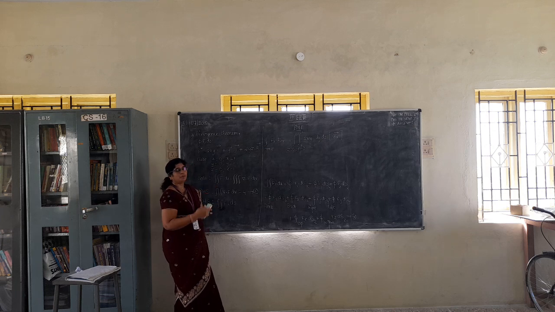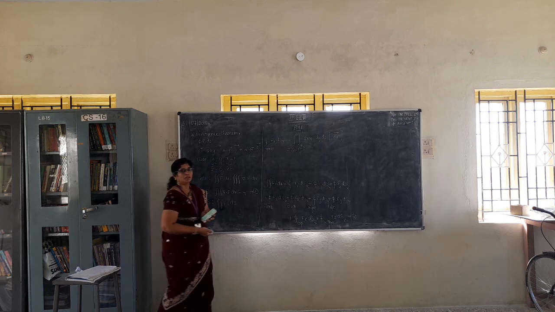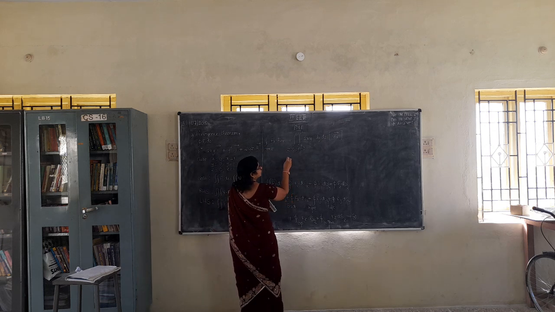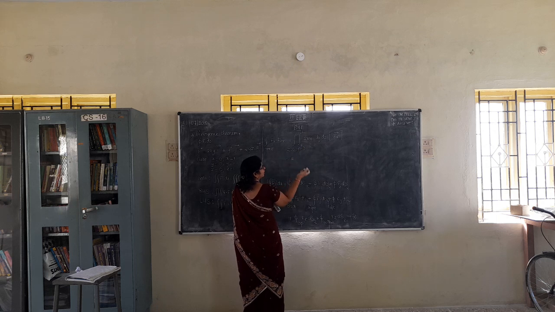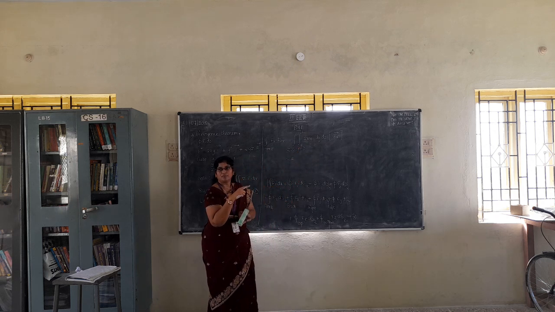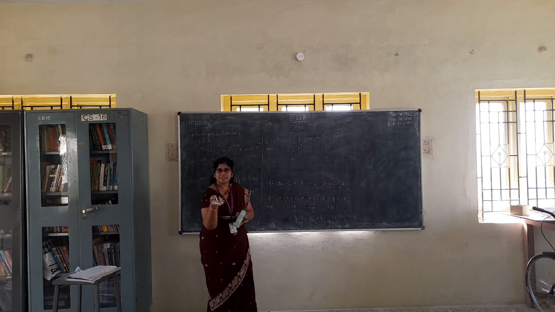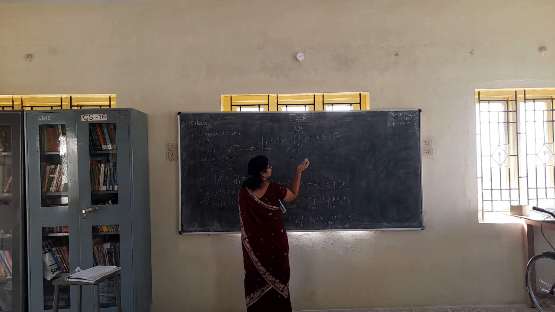Okay, solve. The limits are given. 2 is a constant, take it as a common term. We cannot integrate with respect to x here, because there is no dx, so 2x is taken as a common term.